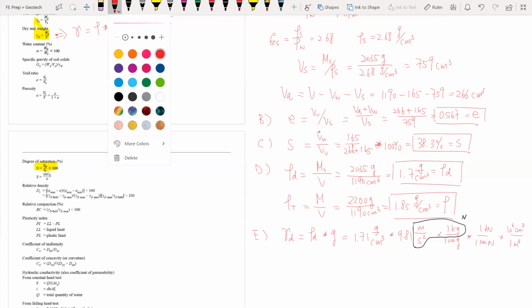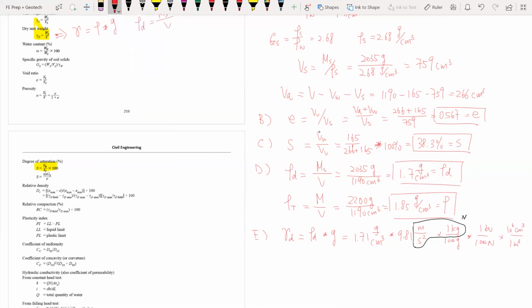See the units being worked out. So now the grams are gone, the centimeter cubed is gone, and the Newton is gone, and what is left is kilonewtons per meter cubed. So we can find the dry density to be 16.77 kilonewtons per meter cubed. So that's the dry unit weight.